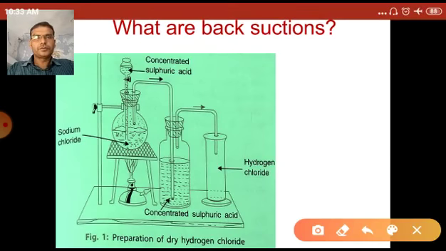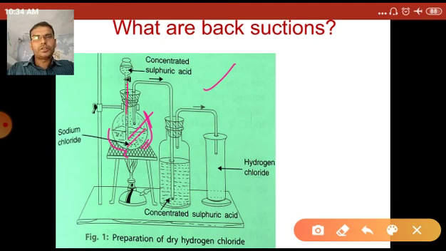First, let's see. This is the diagram for the preparation of hydrogen chloride gas. These are the apparatus for the preparation of the hydrogen chloride gas. This is a round bottomed flask containing the sodium chloride crystals.